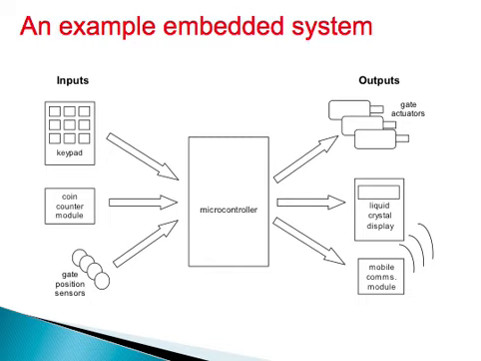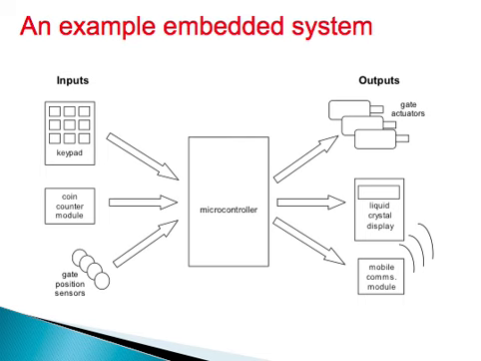The one underneath is a mobile communication module. This could be, for example, an Ethernet or internet connection if you're monitoring and controlling it remotely. So this is an example of an embedded system, and the middle is a microcontroller or a microprocessor which controls it.